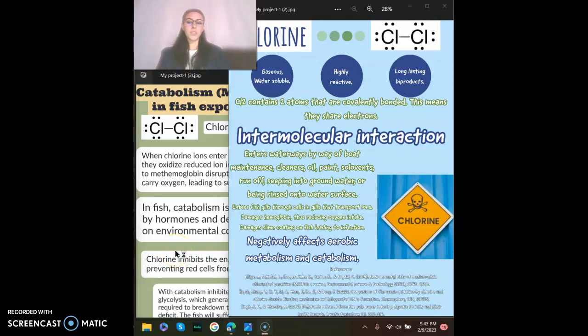As far as the toxin sources, during routine boat maintenance and cleaning, chlorine can be found. It's in oils, paints, cleaners, solvents, and it can be found from water runoff seeping into the ground and then also being rinsed off onto the water's surface.